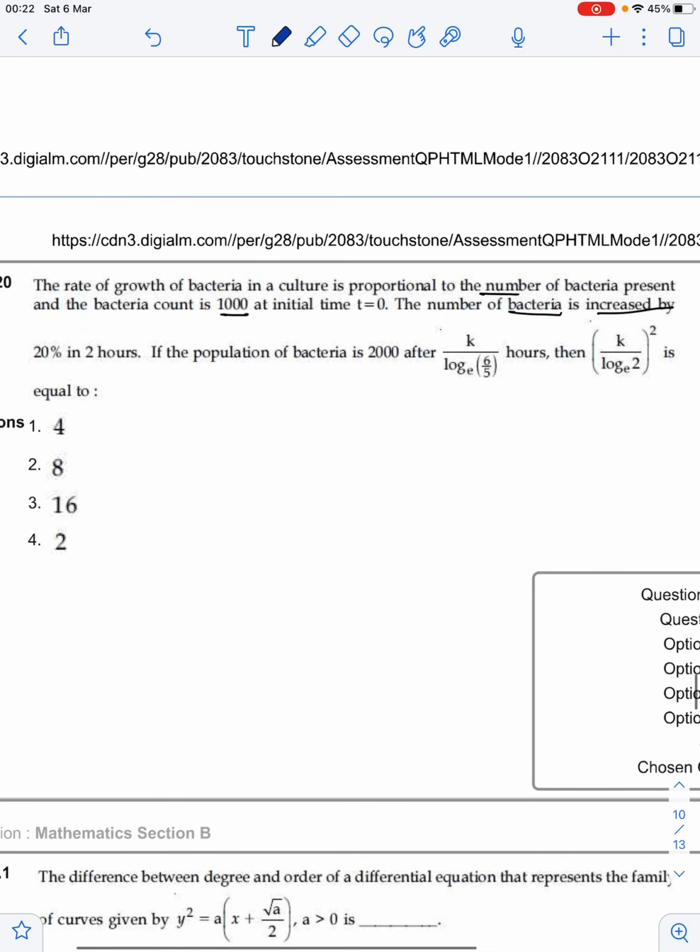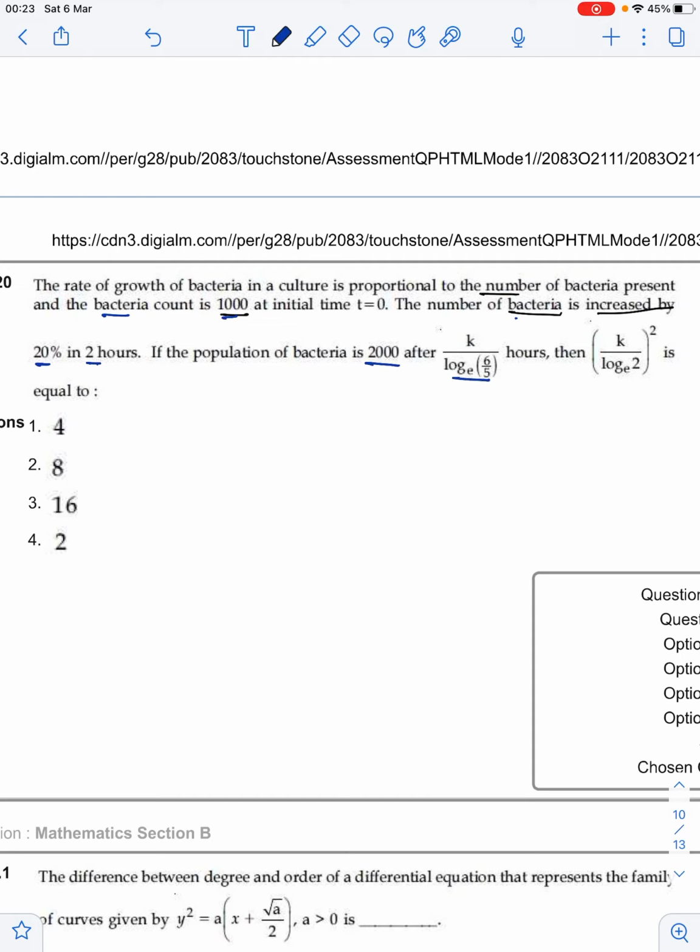Now the question is based on the rate measure. The rate of growth of bacteria in a culture is proportional to the number of bacteria present, and the bacteria count is 1000 initially. The number of bacteria increased by 20% in 2 hours, and the population of bacteria becomes 2000 in this time.